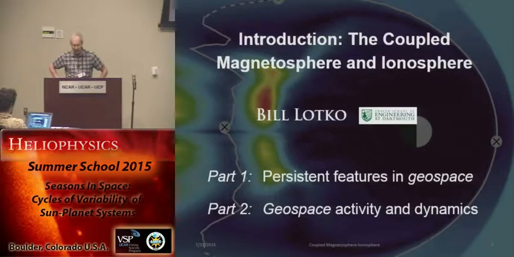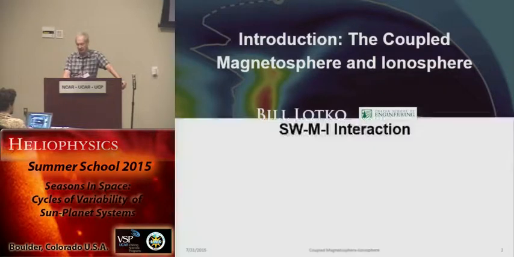And then in part two, we'll move over to activity in geospace and dynamics and how these things vary. And I hope I don't preempt some of the things that John Foster will talk about tomorrow. I noticed that he's talking about variations over the solar cycle, and I will say something about that as well.